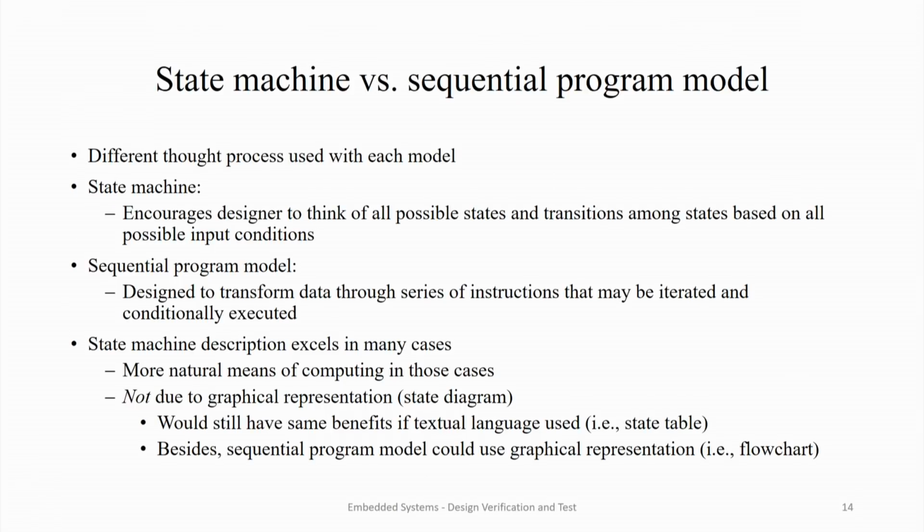On the other hand, the sequential program model is designed to transform data through a series of instructions. So, just think of a C program, you have a series of instructions.